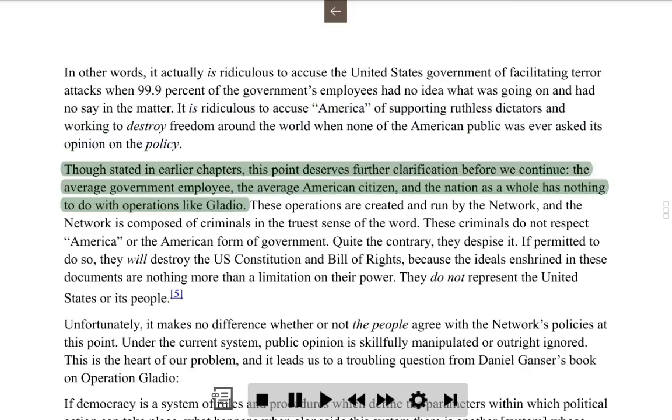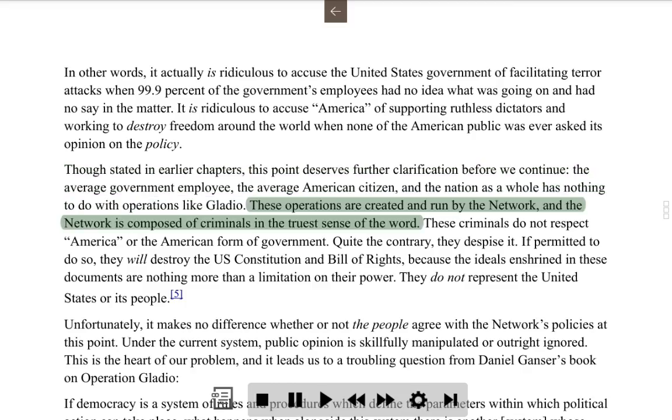Though stated in earlier chapters, this point deserves further clarification before we continue. The average government employee, the average American citizen, and the nation as a whole has nothing to do with operations like Gladio. These operations are created and run by the network, and the network is composed of criminals in the truest sense of the word.